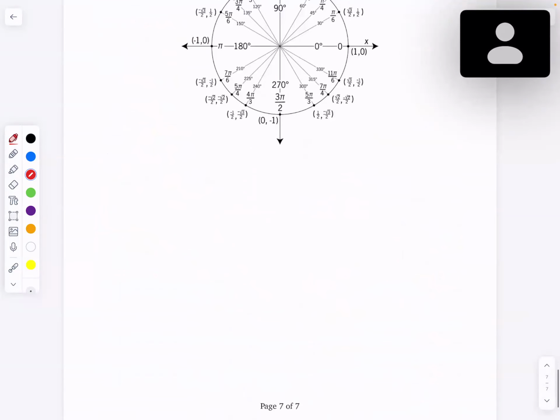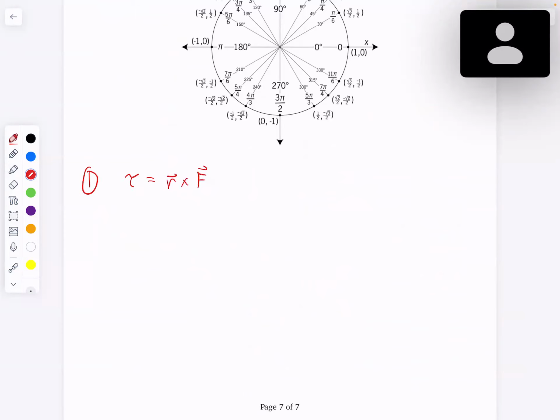Things that weren't covered in here that you should probably know for the exam. So one thing is the torque. I said torque will be on there. Remember that torque is your radial vector cross the force being acted on it. So if you have some fulcrum, you have some radial vector r, and you have some force F acting on it, then torque is just their cross product, and it's some vector that will go in a direction that's perpendicular to both of them.